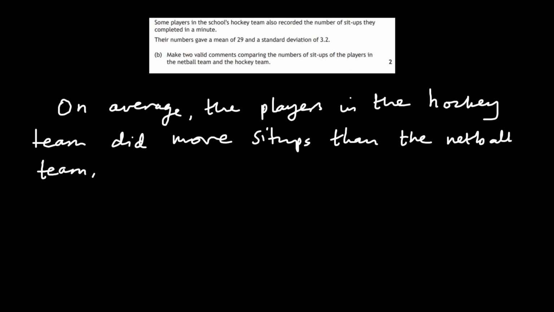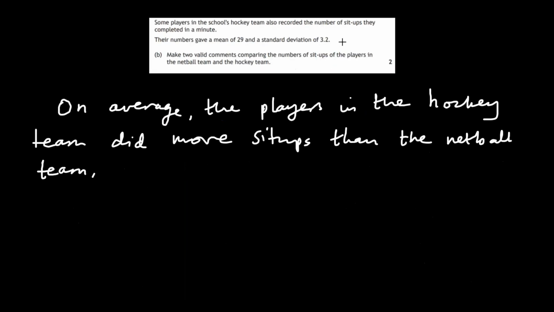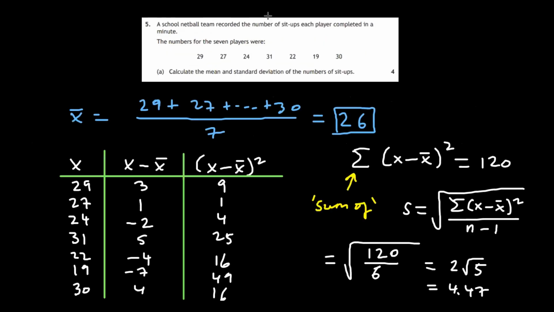And then the standard deviation was lower for the hockey team. So the netball team had 4.47, and then the hockey team had 3.2. So their data was basically less varied than the netball team's data.